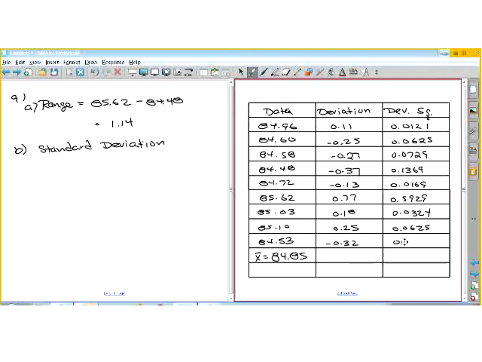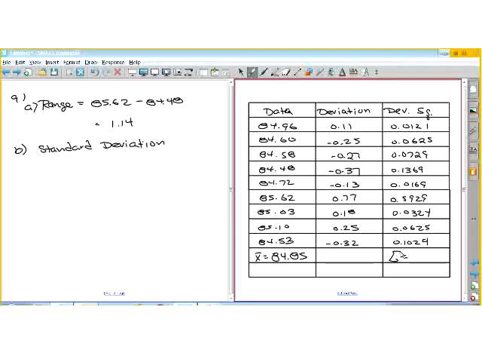And these all end up being positive, because anything squared is going to be positive. Now you add them all up. So hopefully you're doing this instead of just waiting for me to do it. So I'm giving you time as you work along. And you can always stop if I finish before you do. You can stop the recording, and then just wait until you're finished and then check your answers against my answers.